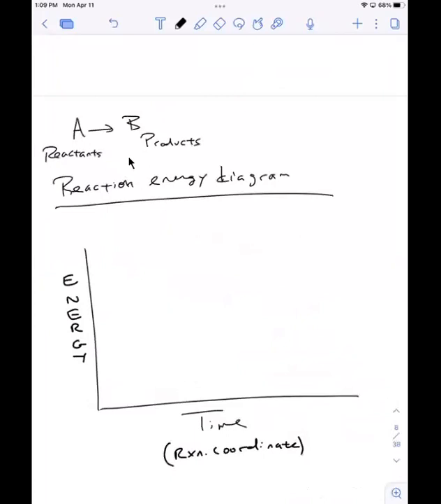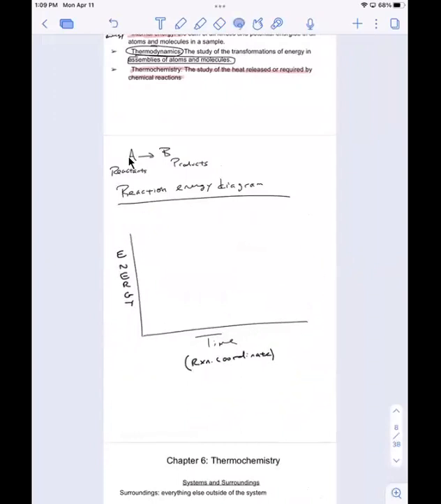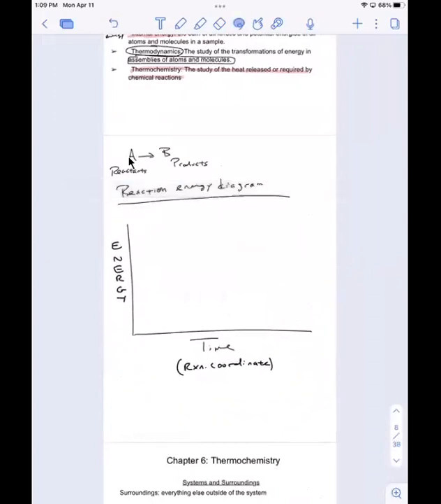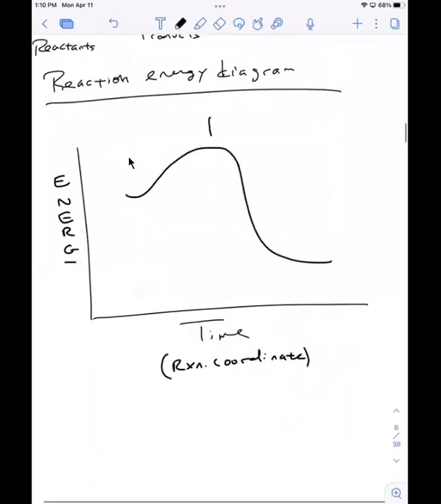And for any given reaction, the curve for that reaction when it takes place is going to fit one of two profiles. It's either going to look like this, or that curve is going to look like this.